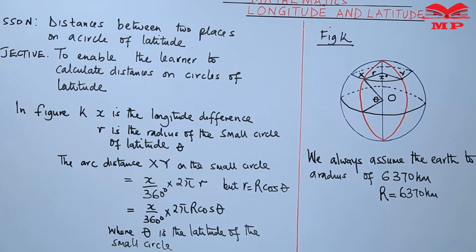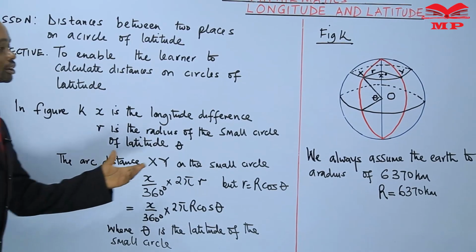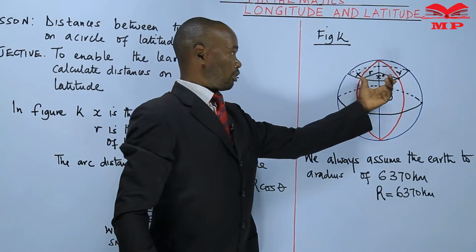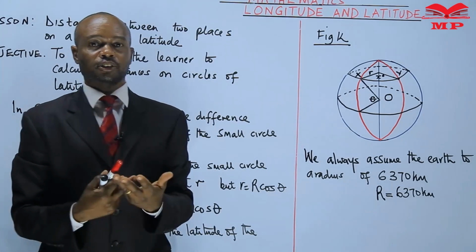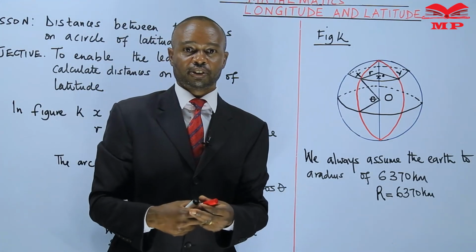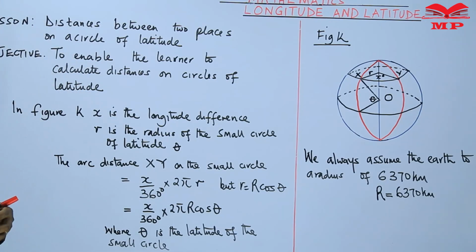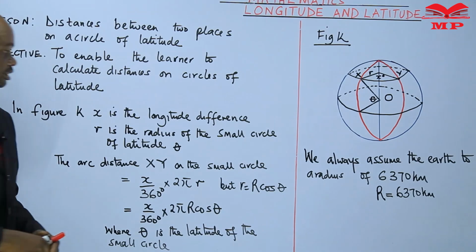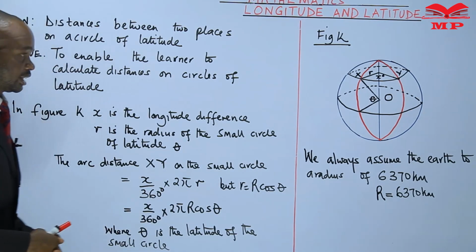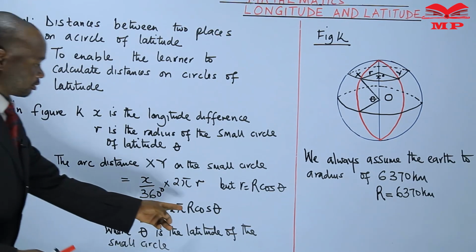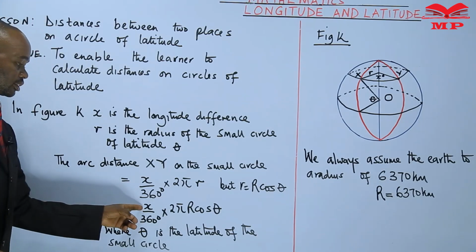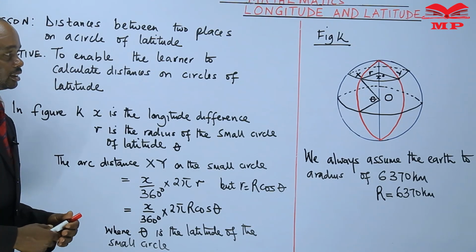Learner, it's very easy now to get the distance on a small circle once you know the longitude difference and the radius of the earth.